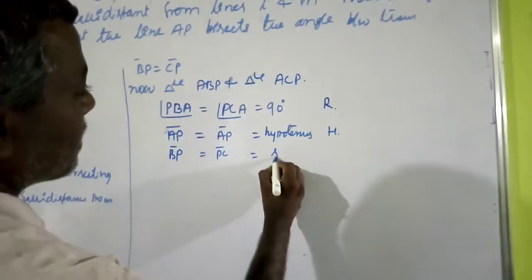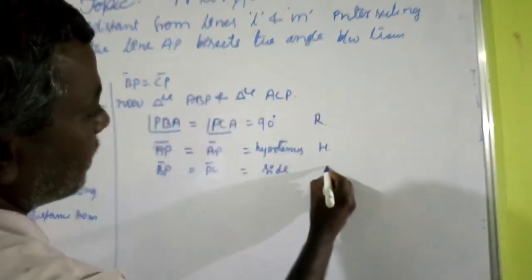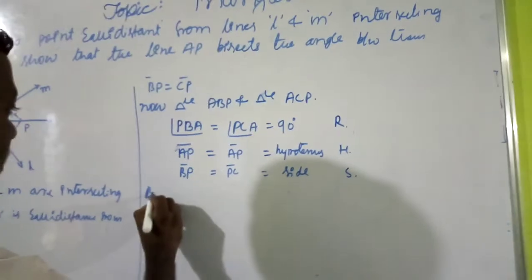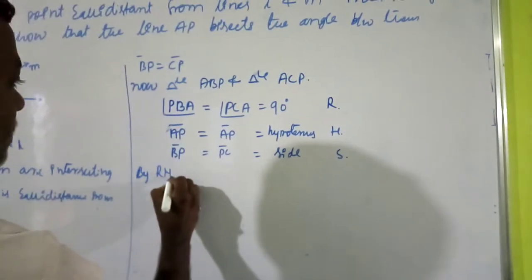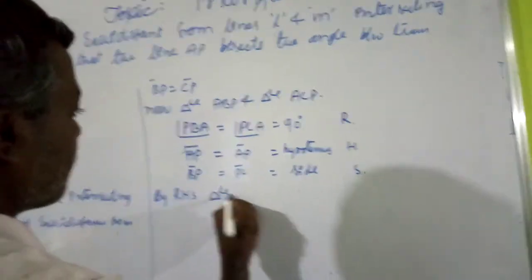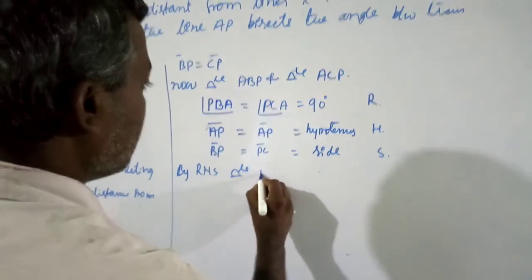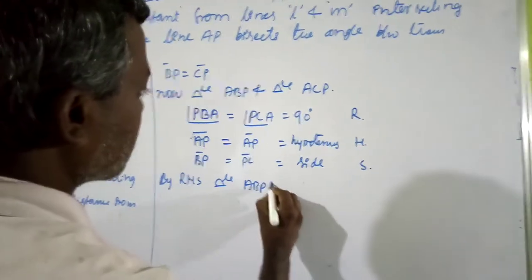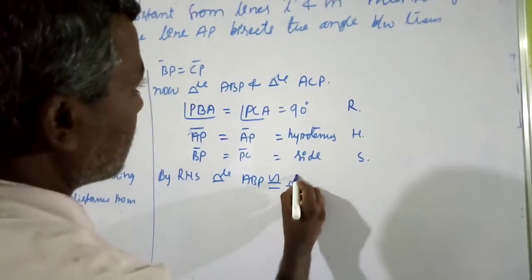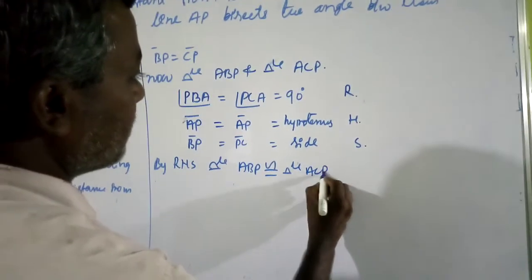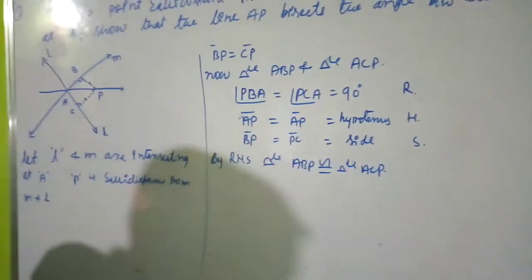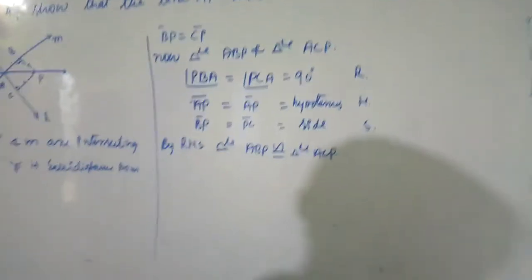This is a side. So by RHS, triangle ABP is congruent to triangle ACP. Now by RHS these two triangles are congruent.